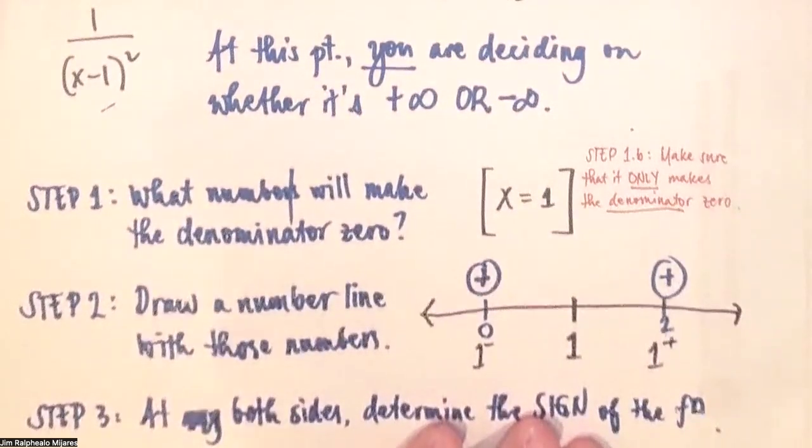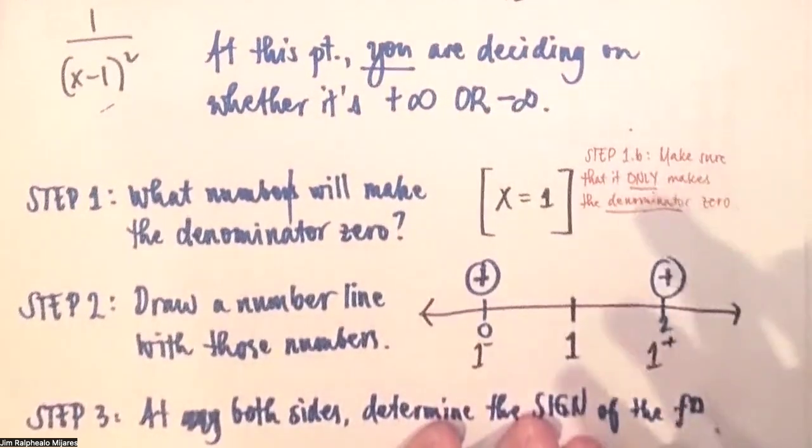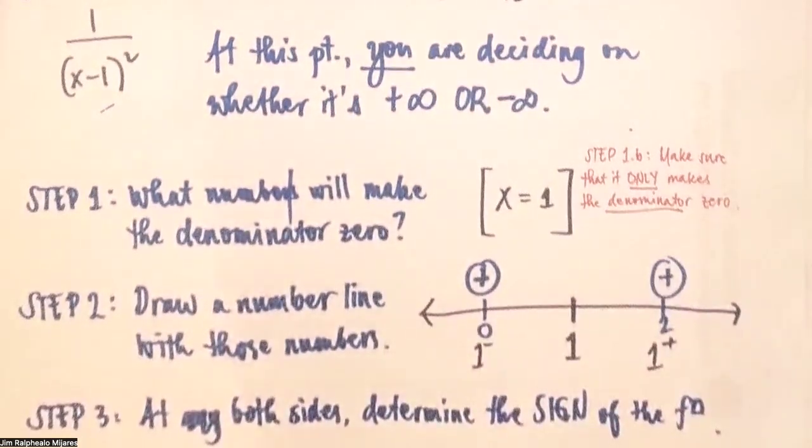Meaning, if at step 1, the number that you get will make both the numerator and the denominator 0, that is nothing. You disregard that.